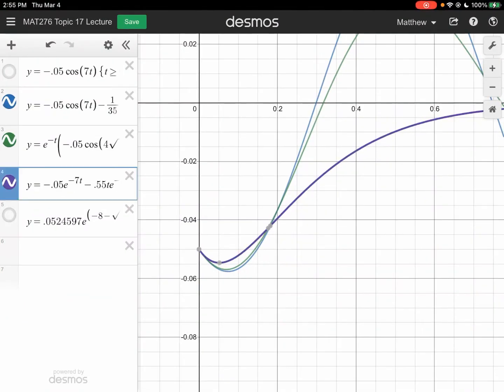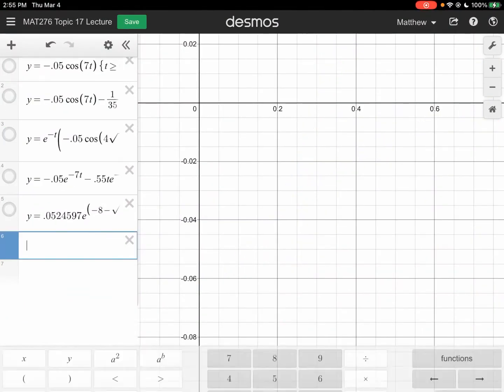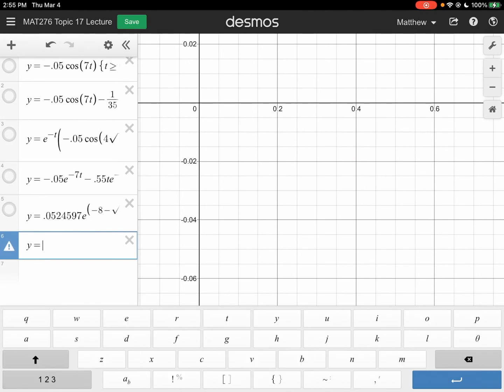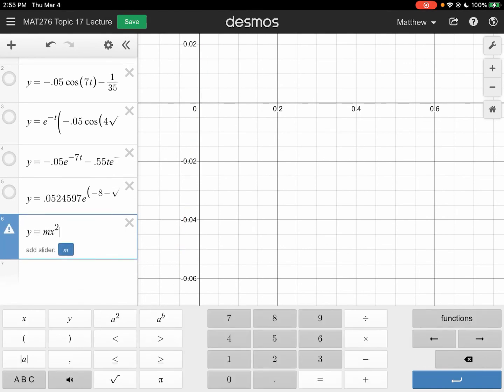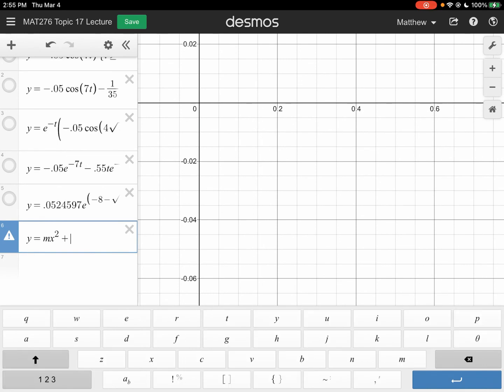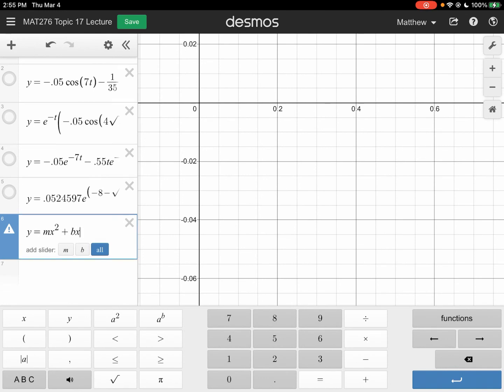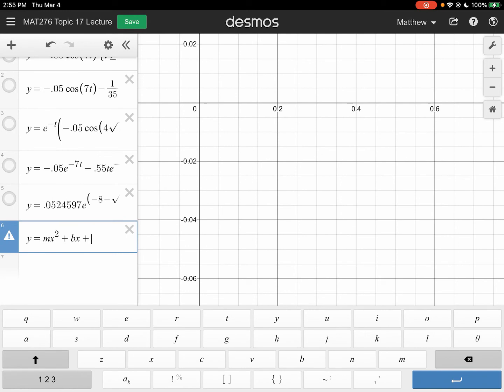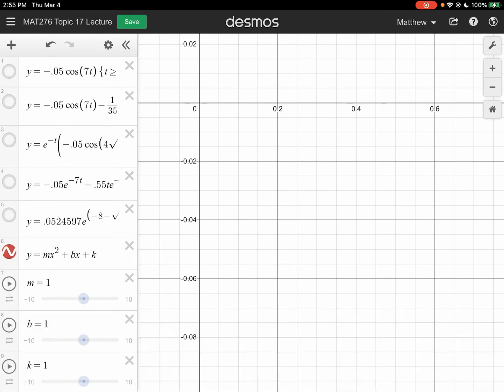Let's hide all these things and type in y equals m x squared plus, I'm going to use b instead of mu because the Greek letter isn't here, so I'll say bx, and then plus k. And I'll add sliders for all of them.